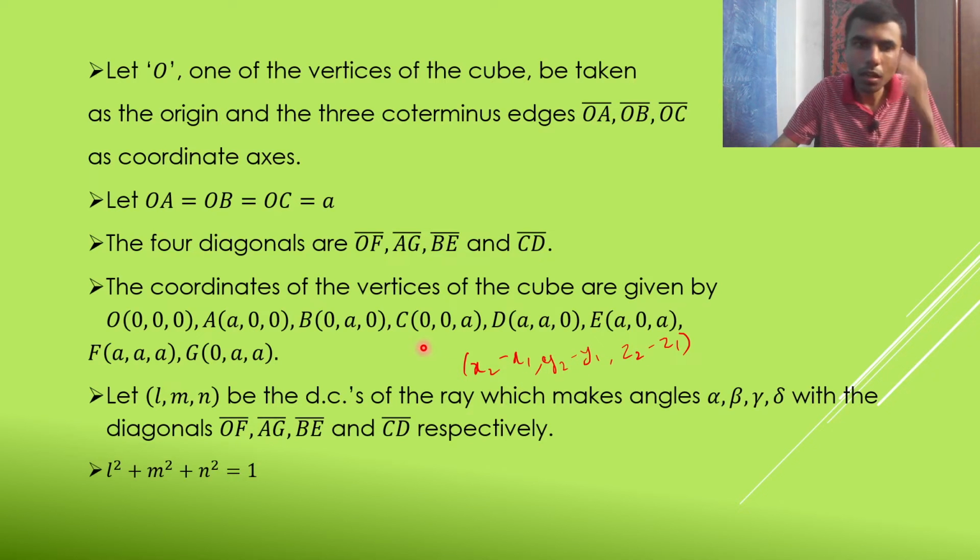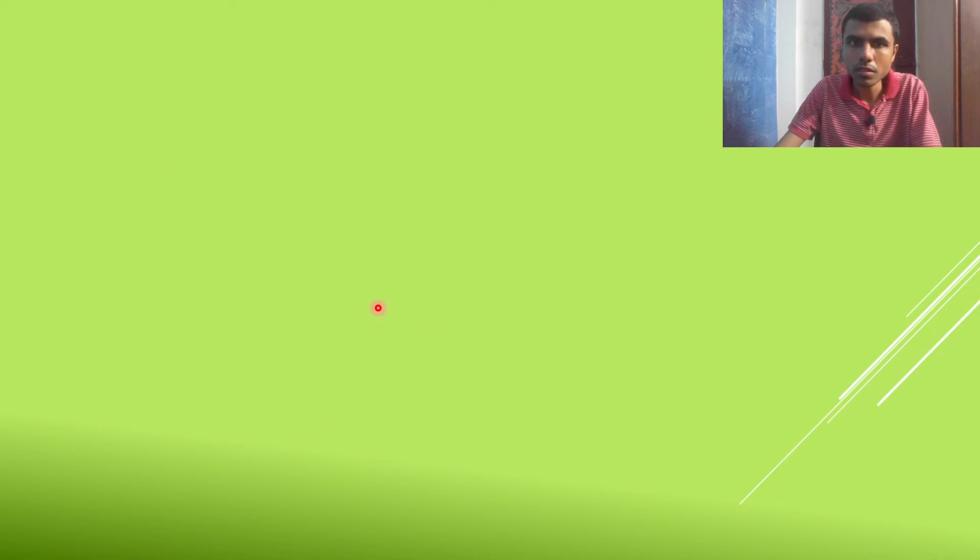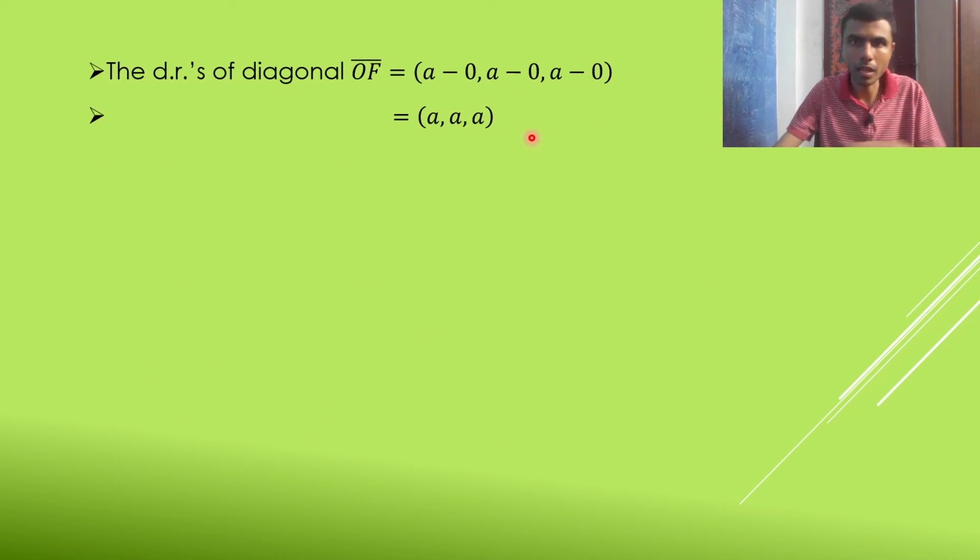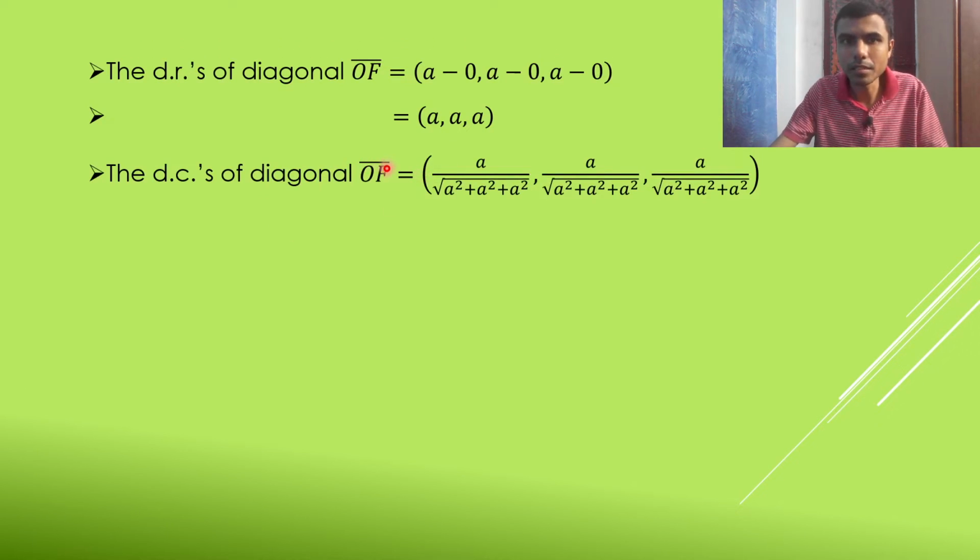So for OF, O is 0, 0, 0, and F is a, a, a. So a minus 0, a minus 0, a minus 0. So my DRs are a, a, a. Next, to find out DCs, you need to divide the DRs by under root of a square plus a square plus a square, the square root of the sum of squares.